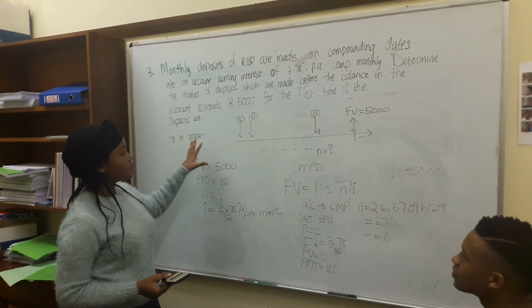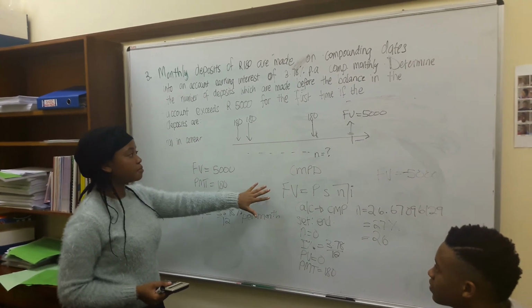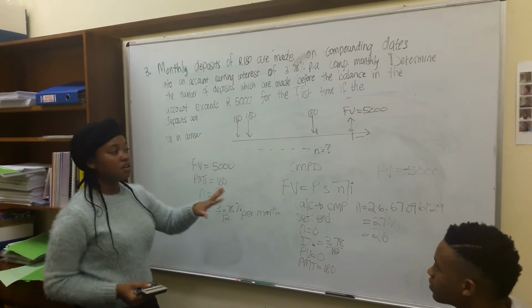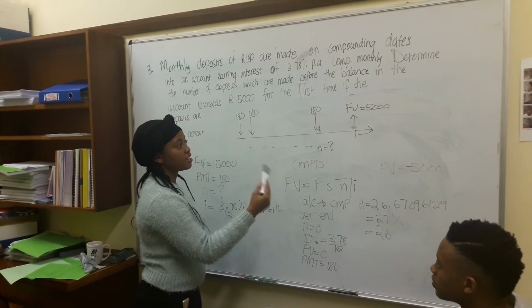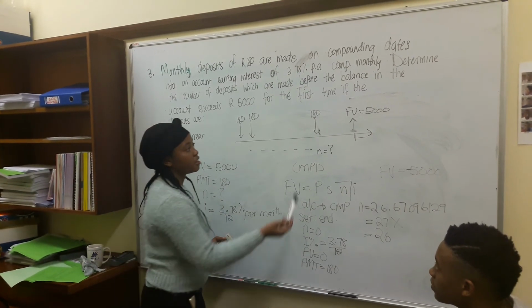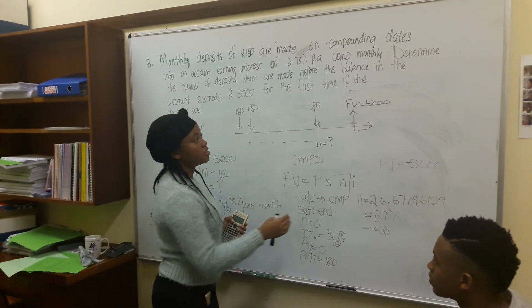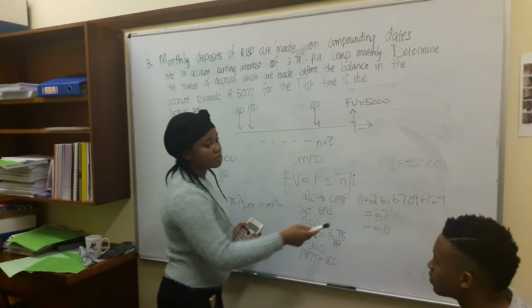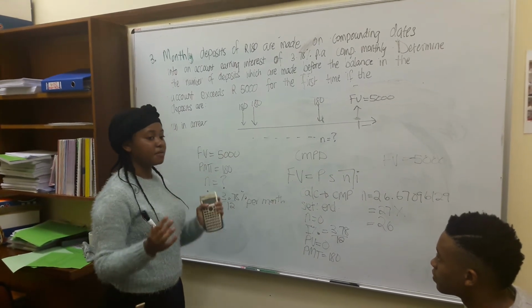When a payment is made in arrears, we look at the definition, which is the balance at the time of the last payment. So when we take 5,000 to be the future value, and we don't have any information that there was more than 5,000, we're just gonna assume that 5,000 is the balance at the time of the last payment.